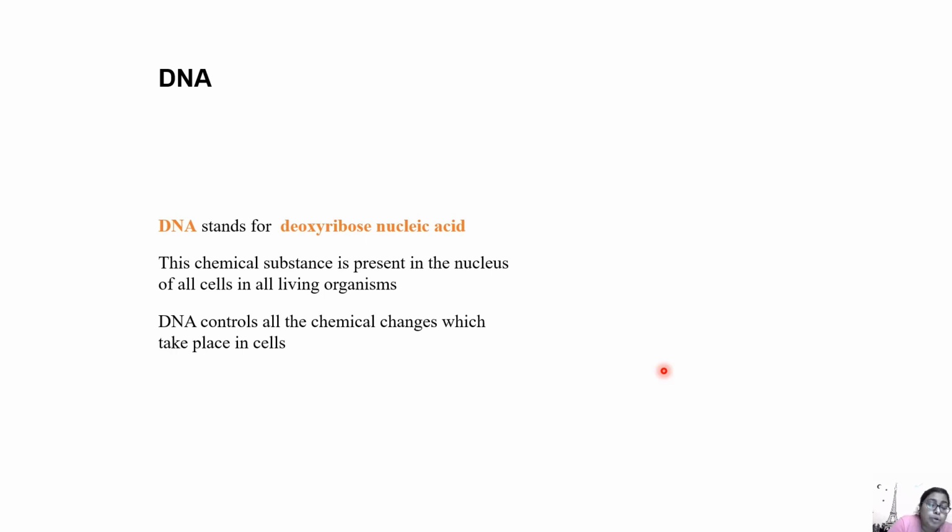So if there is any kind of mutation in your DNA, that will harm your protein formation. And obviously proteins handle almost most of the functions of the body, be it structural or enzymatic. So if your DNA has any issue, obviously that will be translated to the proteins.